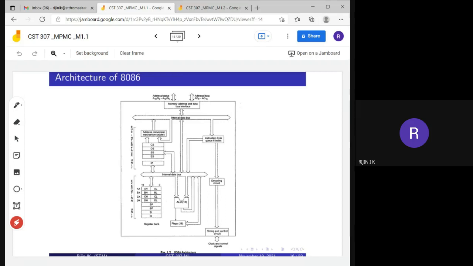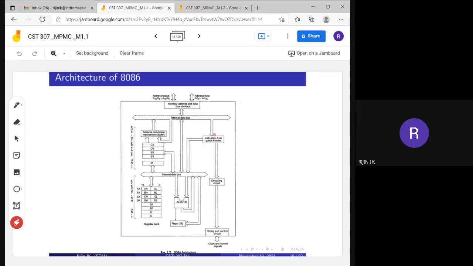Those instructions will be stored in the instruction queue. That is why we call this instruction queue a pre-decoded instruction byte queue: while one instruction is being executed, the next instruction is fetched and stored in the instruction byte queue for execution.